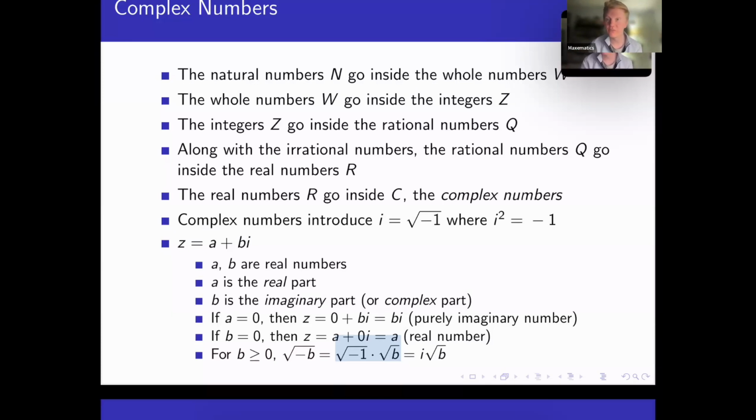Complex numbers is the beginner of sets that break apart from the real numbers. But if you go higher up in math, you can find all sorts of very, very crazy number systems. So I just want to stress that the complex numbers are their own set, their own system, just like the natural numbers, just like the whole numbers, and so on.